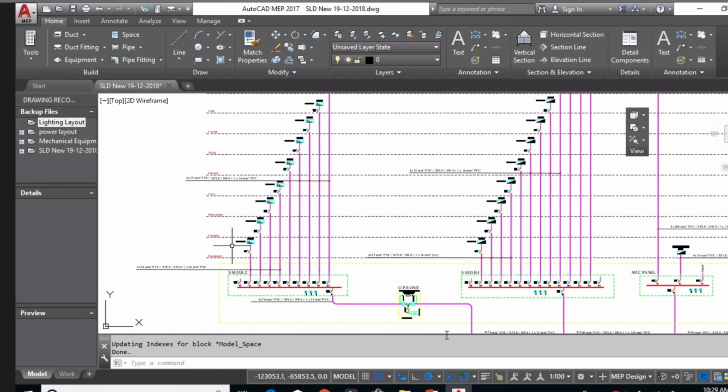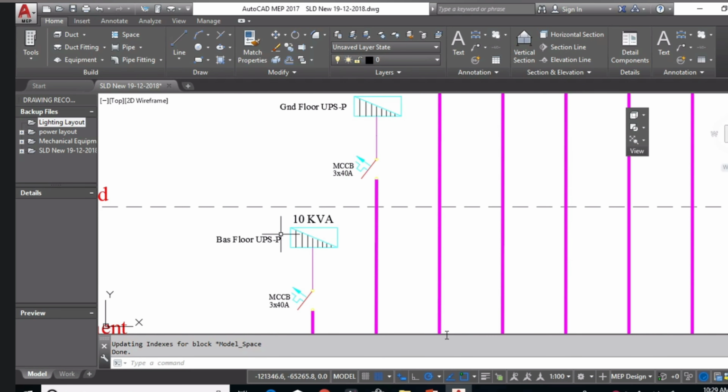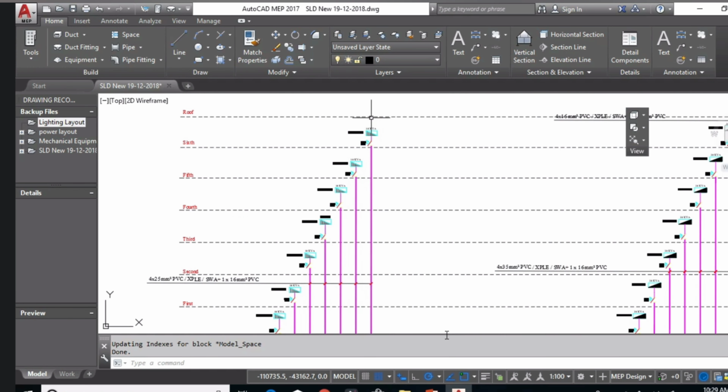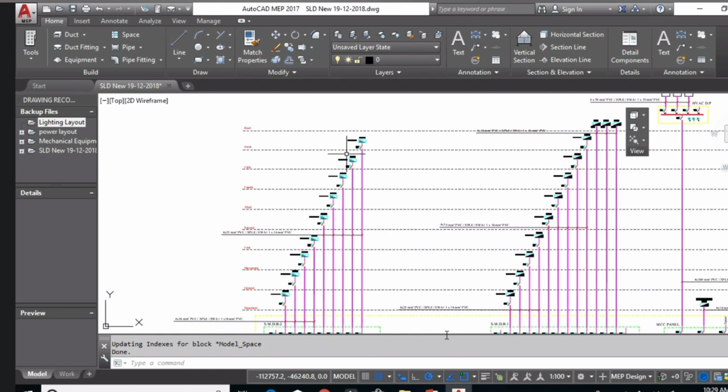And here the critical load, I name the panel here UPS. This panel is feeding also all the items which are related to the communication or the IT systems.